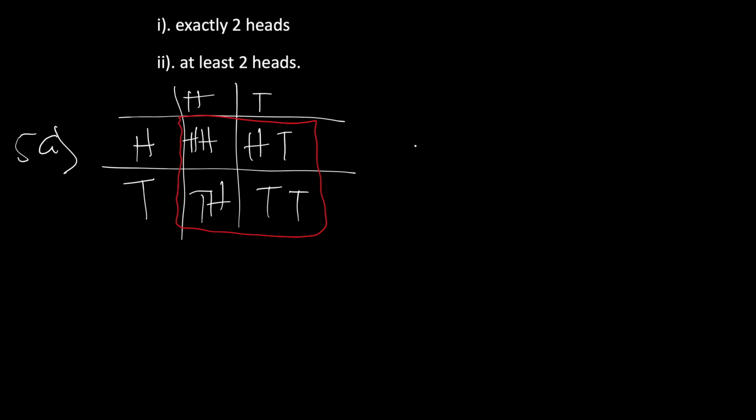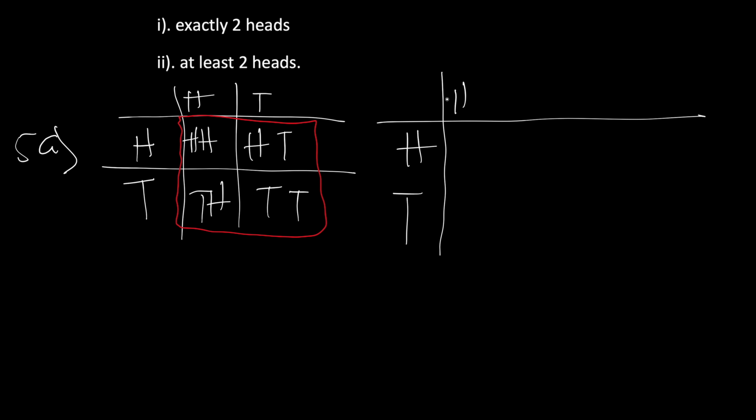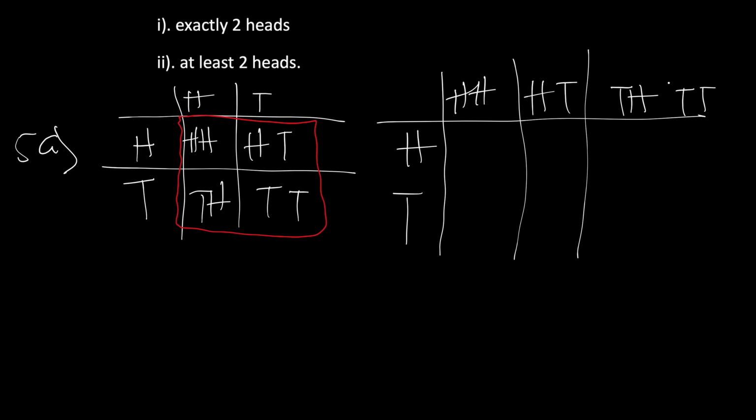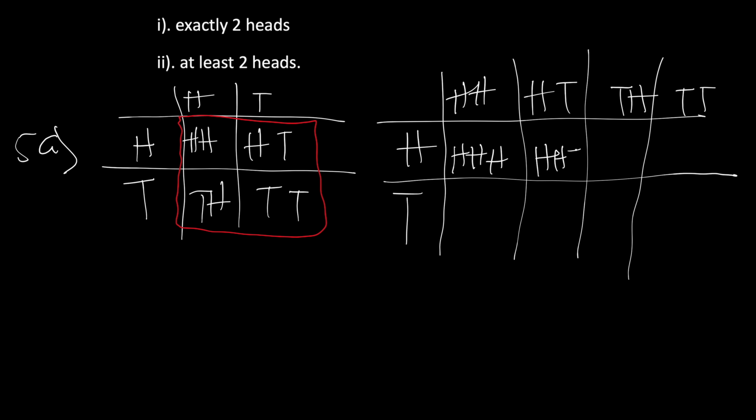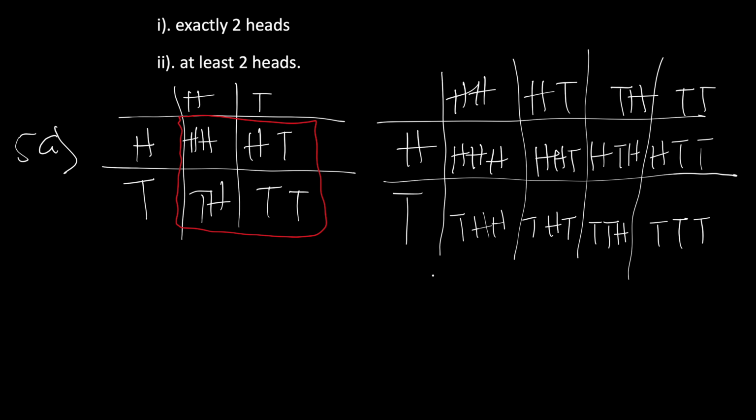Now when we toss it 3 times, we should get head, head, head, head, head, tail, head, tail, head, head, tail, tail, tail, head, head, tail, head, tail, tail, tail, head, and tail, tail, tail.